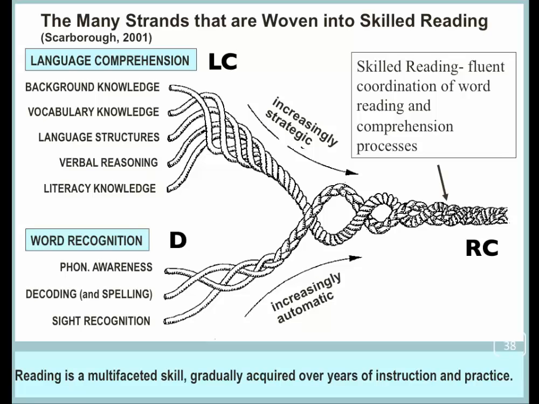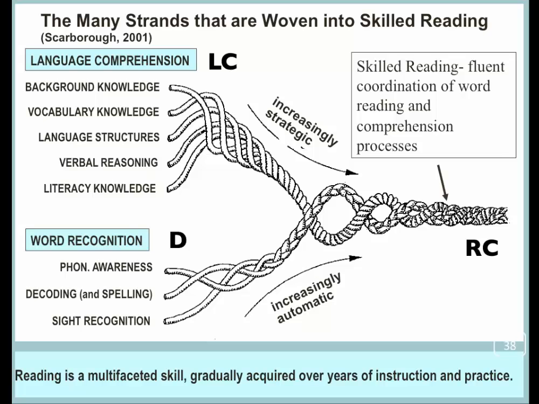So they have to rely on background knowledge of topics that they're reading about. They have to have good vocabulary knowledge. They have to understand language at the sentence level. They have to have good verbal reasoning skills in order to make inferences. They have to have knowledge about text structures. All of those strands are about being strategic and metacognitive in applying comprehension skills.